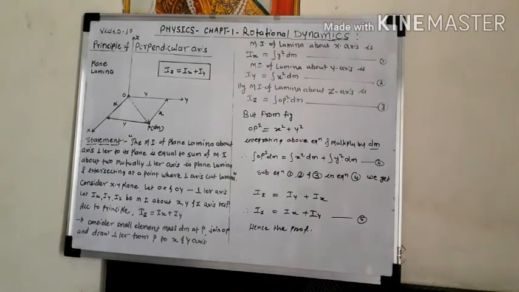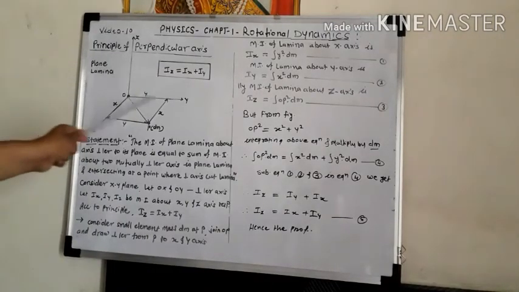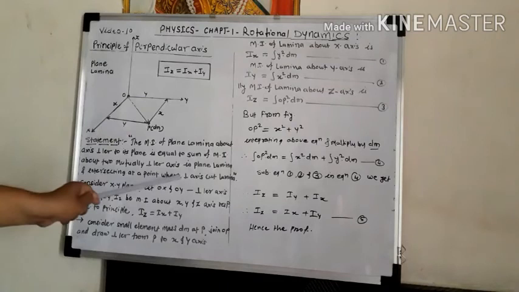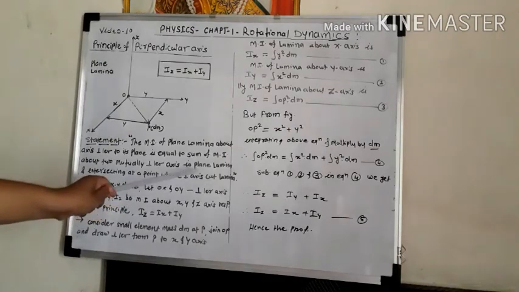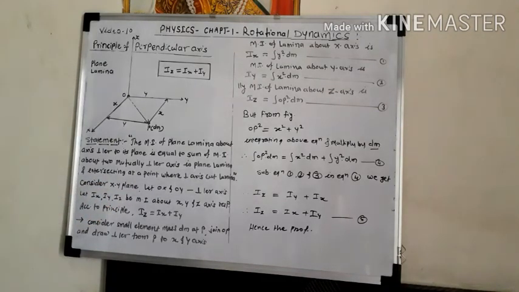Here is the proof. We have proved the principle of perpendicular axis, that is, the MI of a plane lamina about the perpendicular axis is equal to the sum of the moments of inertia about 2 mutually perpendicular axes at the point where the perpendicular axis cuts the lamina. This is nothing but the principle of perpendicular axis.